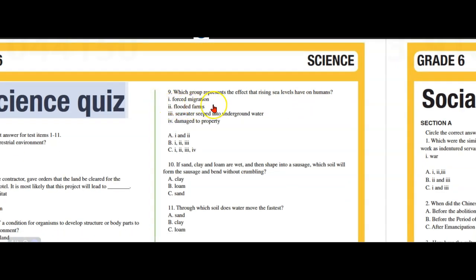Is it forced migration, flooded farms, seawater seeped into underground water, or damage to property? So again, 9. Which group represents the effect of rising sea levels on humans? So, forced migration, flooded farms, seawater seeped into underground water, damage to property.